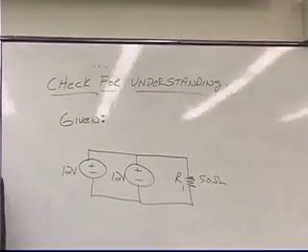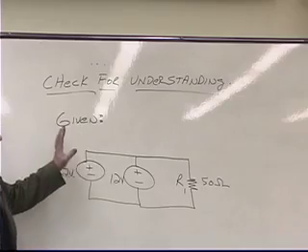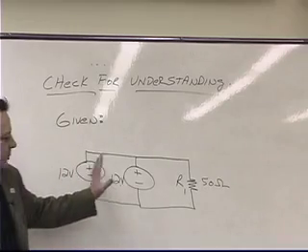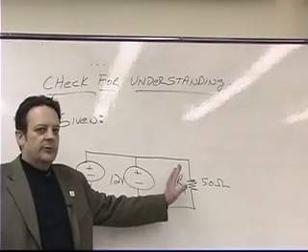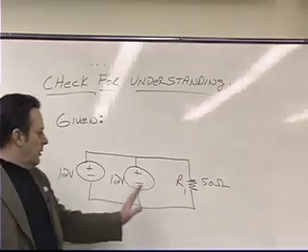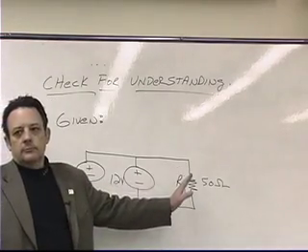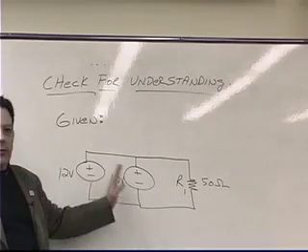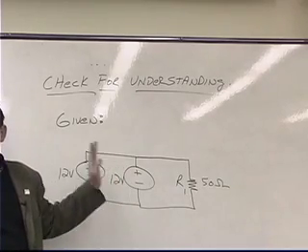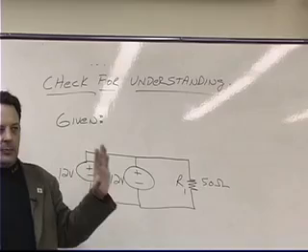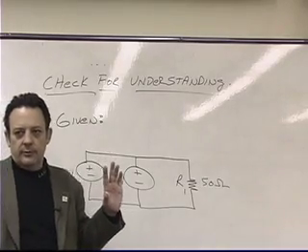You're given a circuit that has 2 batteries and 1 resistor. Everything's in parallel. The batteries are both 12 volt. They're both 12 volt batteries, but they're independent batteries, totally separate from each other.